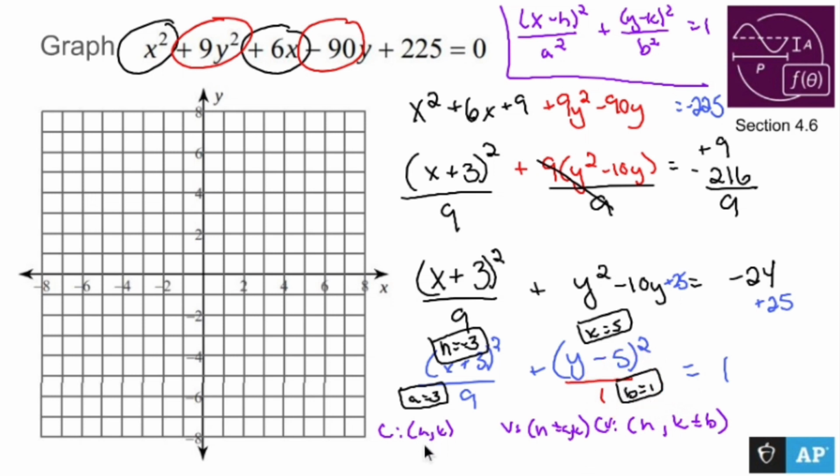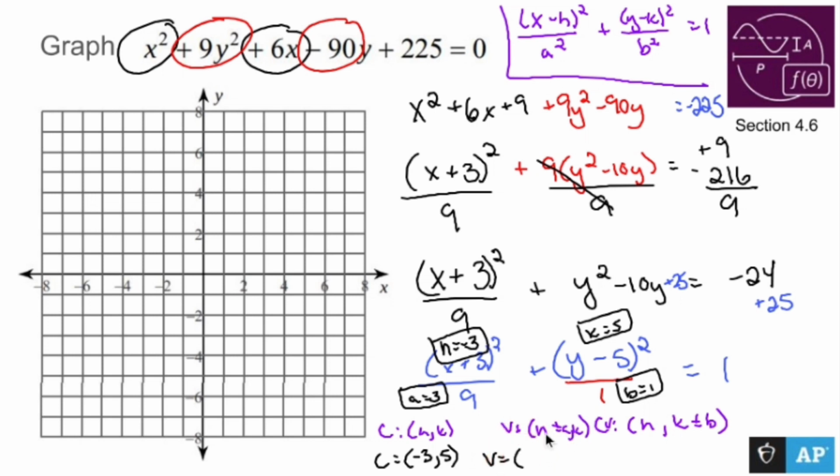The center is (h, k), so the center is negative 3, 5. That's the center.